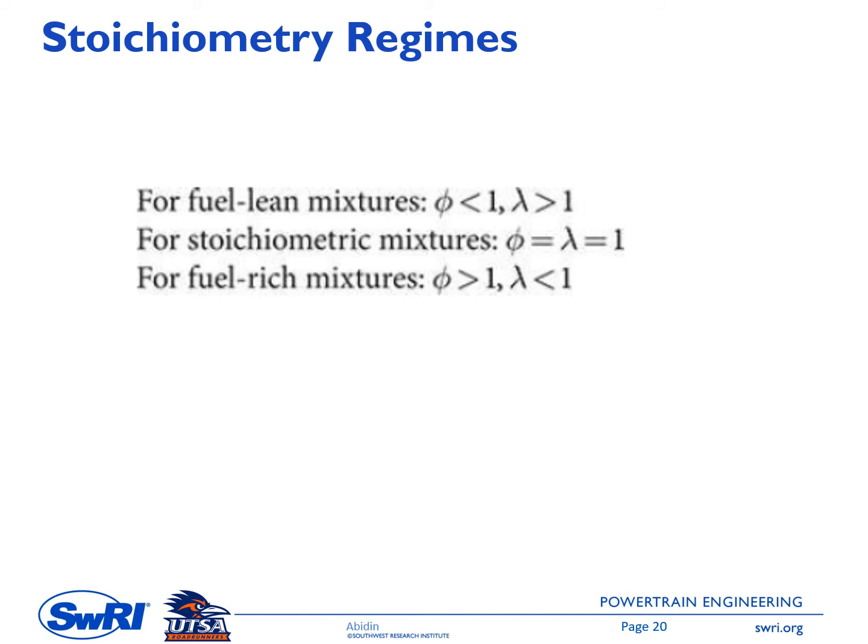For fuel-lean mixture, it means that we have lambda more than 1, or phi less than 1. For stoichiometric mixture, phi equals lambda equals 1. And then for fuel-rich mixture, phi is more than 1 and lambda is less than 1.